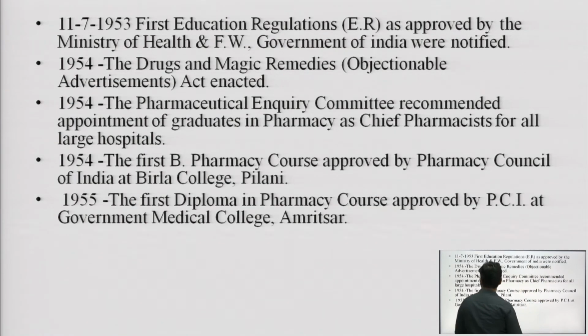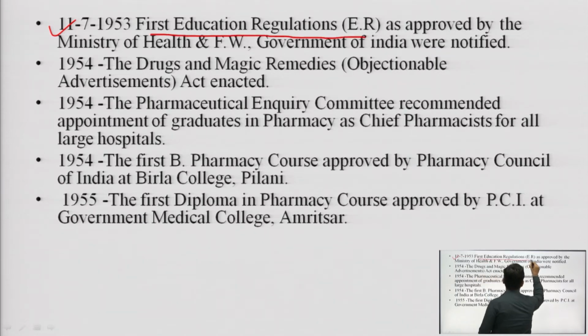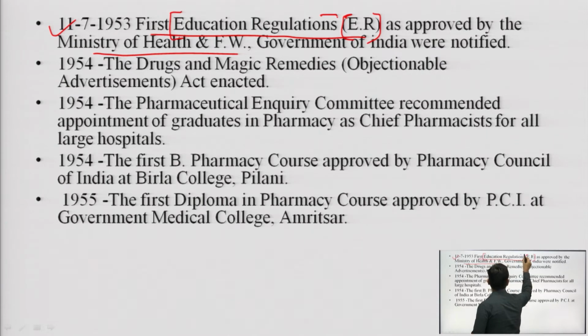Moving further, on 11/7/1953, the first Education Regulation (ER) was approved by the Ministry of Health and Family Welfare, Government of India. Education Regulation means what type of education is going to be applicable throughout India, and it was given in 1953. This also includes pharmacy courses.